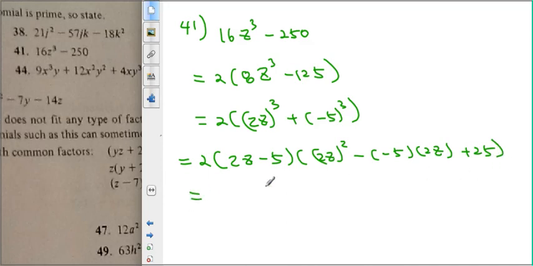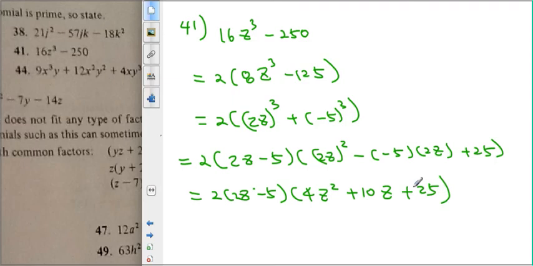If I rewrite this one, we end up getting 2 times 2z minus 5 times 4z squared plus 10z plus 25. Now, can we factor this one further? No. In fact, 2 and then 5, then we'd be needing 20z, and none of the options will work. So this becomes our final answer.